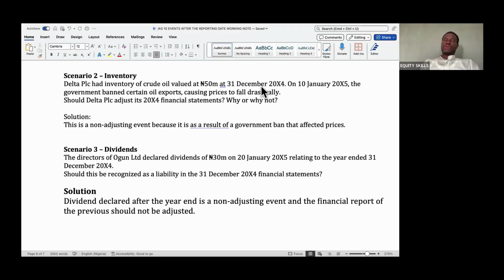So when IAS 1 was adjusted around 2010 or so, they changed that: when a dividend is proposed, you only put it in the report as a liability when it has been approved by shareholders. And that is when they declare the dividend. So when you say dividend declared, it means it has been approved.